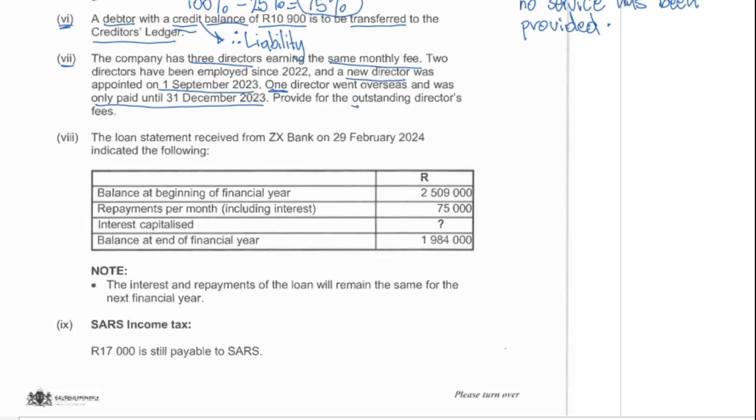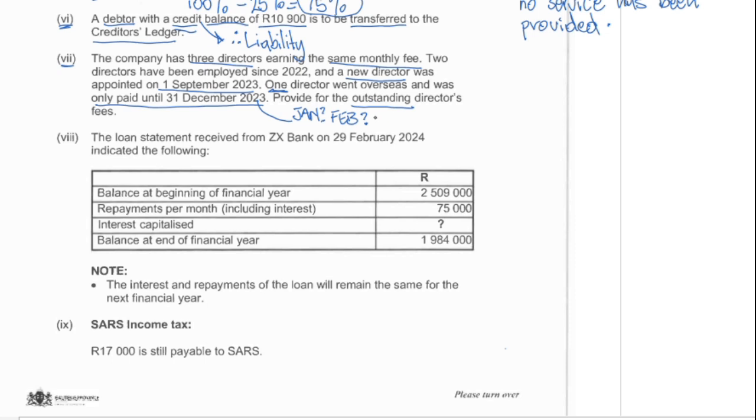Provide for the outstanding directors' fees. Since the director who went overseas has not been paid for 2 months, we need to raise a liability for those 2 months. The outstanding fees are for January and February 2024.